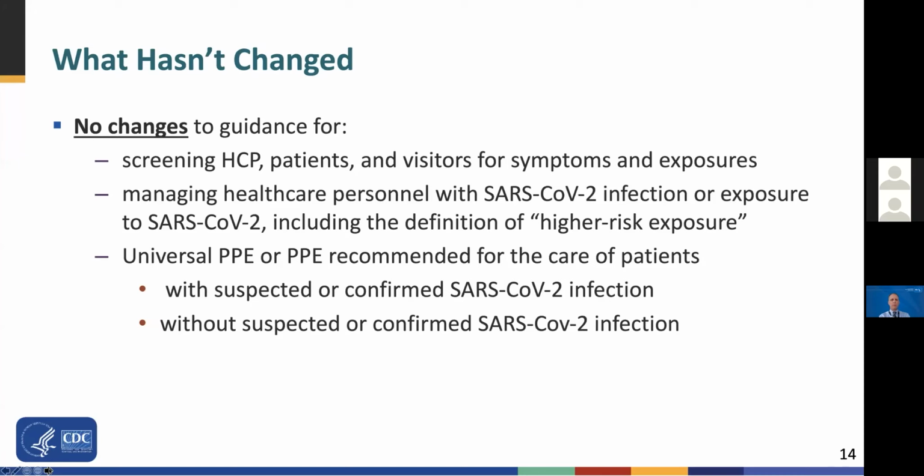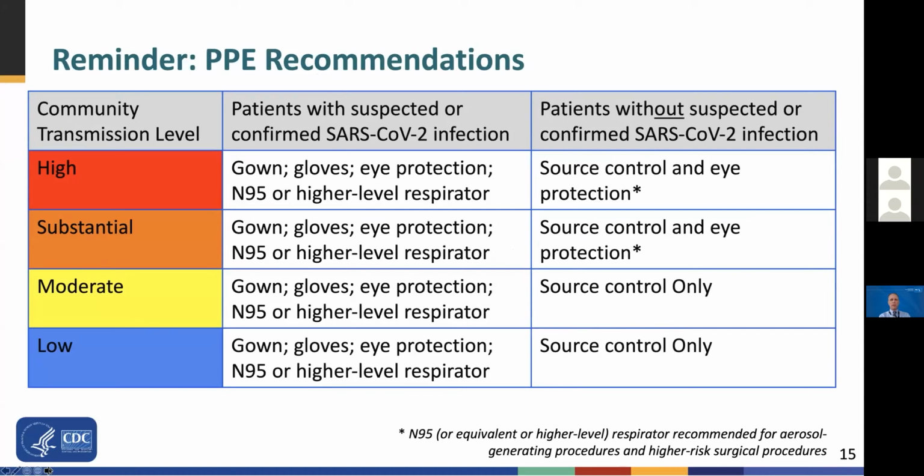Next slide, please. So just a table to kind of summarize those recommendations. The far right column is the universal PPE, for those we don't know have suspected or confirmed SARS-CoV-2 infection. The middle column is for people who know or think they have SARS-CoV-2 infection, and the community transmission levels are on the far left.